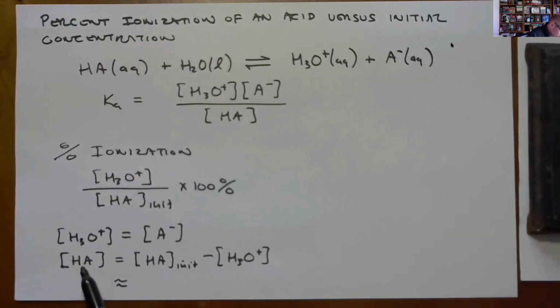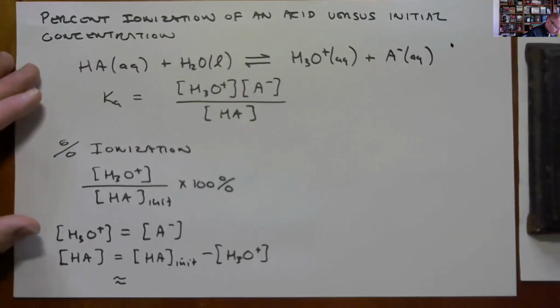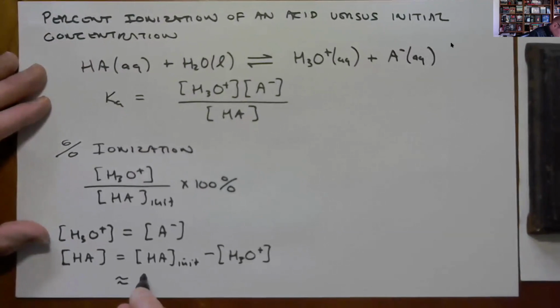The equilibrium concentration of our weak acid is going to be very, very close to our initial concentration, provided the amount of hydronium generated is small. That is to say, if the percent ionization is small. So this is approximately this.